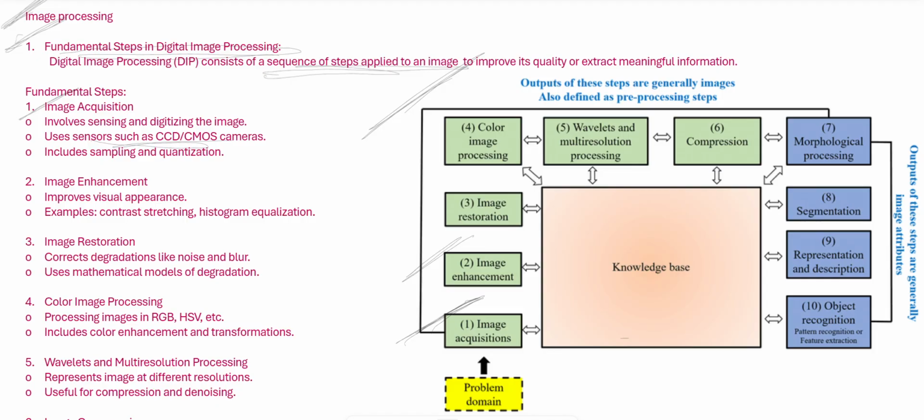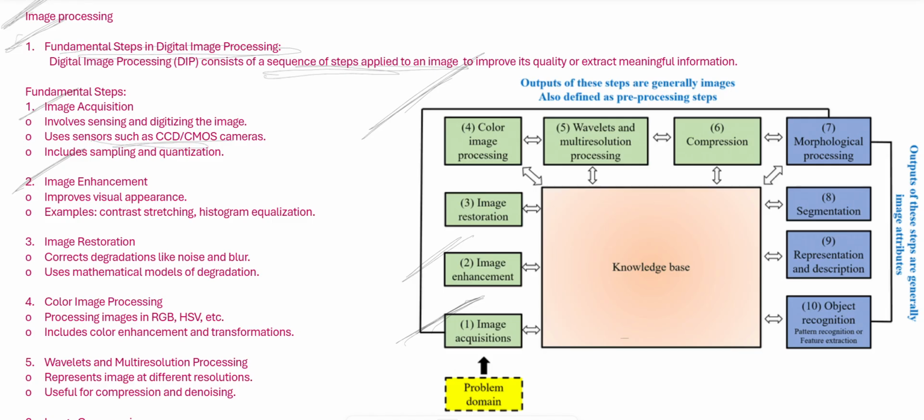What is image enhancement? Image enhancement is improving the quality of the image before doing further analysis. It includes brightness enhancement, contrast enhancement, resizing, cropping. Such operations will be performed in the image enhancement step.